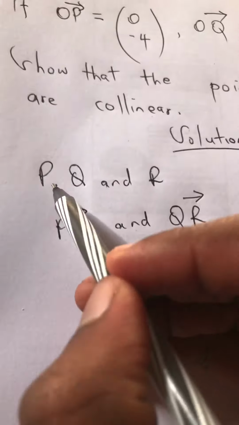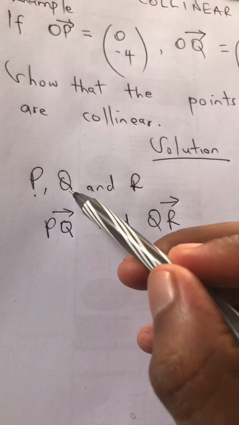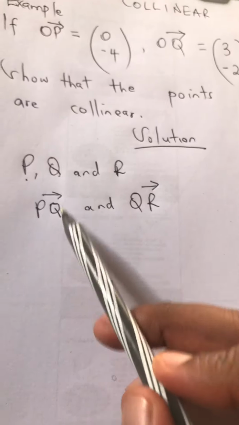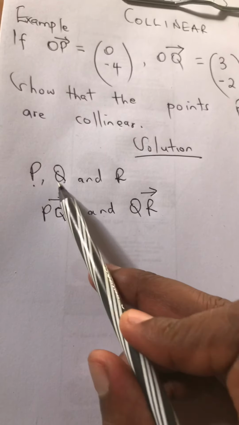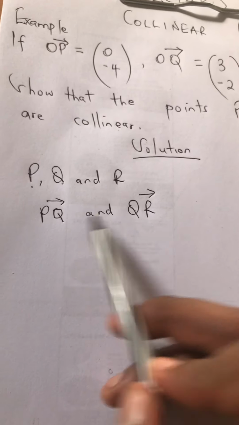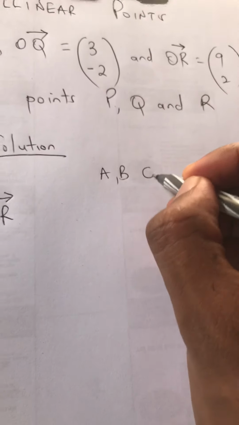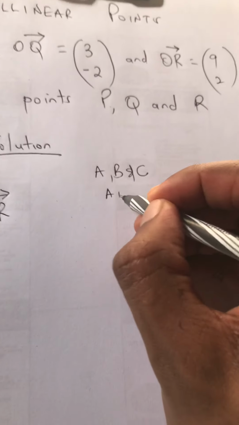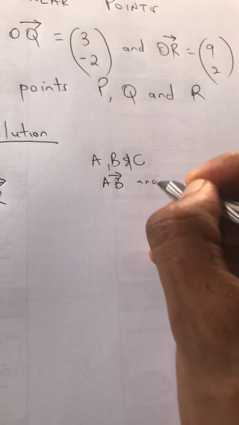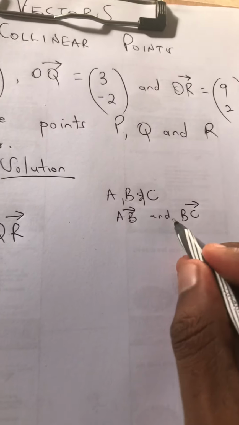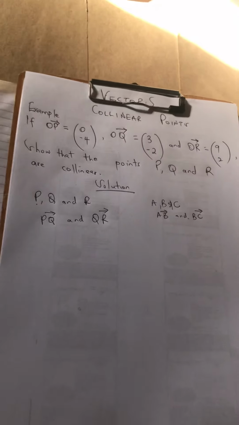So you find the value of PQ and the value of QR. Hapo sawa? Therefore, you are making the middle point to be common. In our case the middle point here is point Q. It is common. Kama ingekuwa A, B, and C, we would have looked for AB and also BC, and then our common point is B, and then we look at the relationship between them.